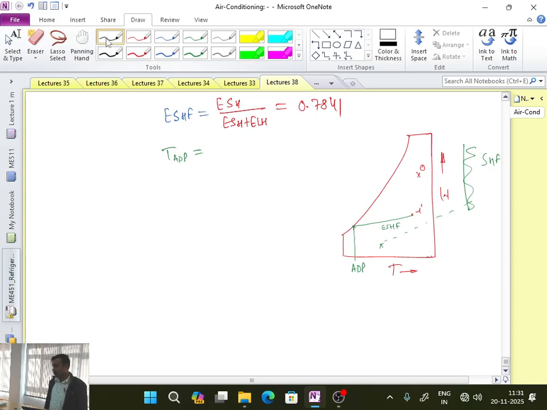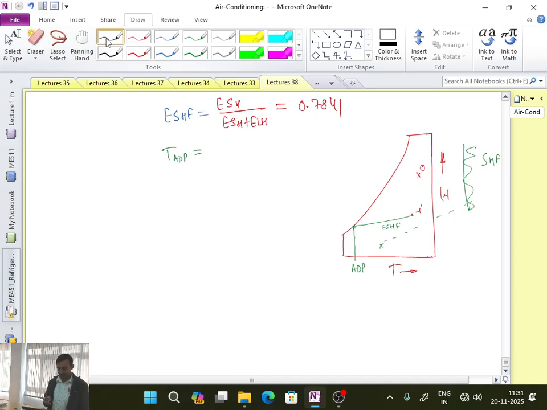Are you getting 10.2? It is less than 10. Ten point two.